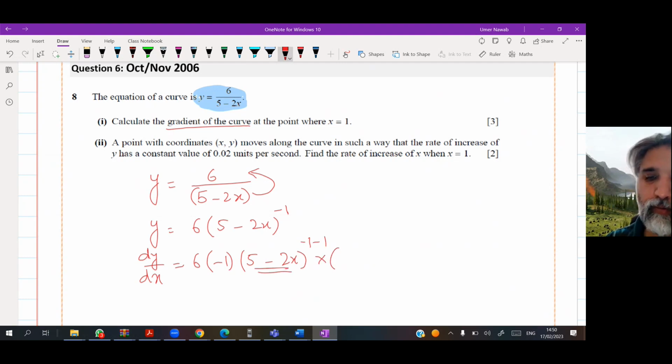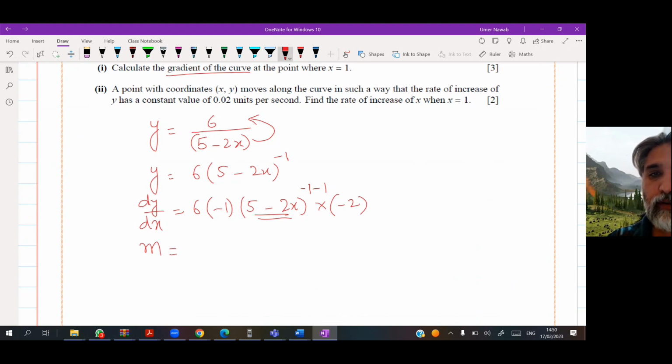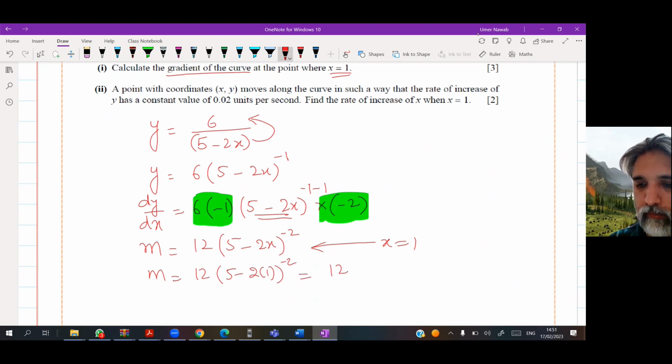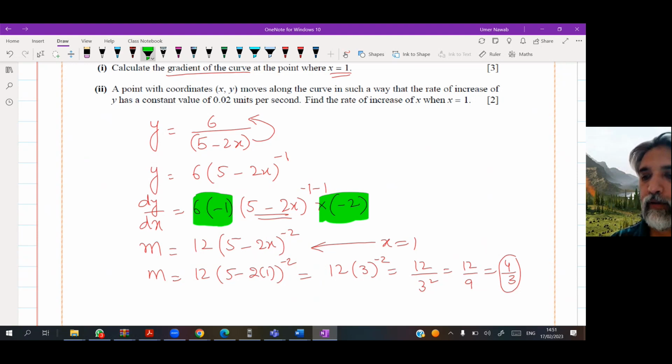The further derivative of 5 minus 2x is minus 2. So the gradient: this is minus 6 and this is minus 2, and after taking the multiplication we make it 12. So 12 times (5 minus 2x) raised to the minus 2. What is the value of x given to us? Put here x equals 1, and m is equal to 12 over 9. So we got gradient m as 4 over 3.